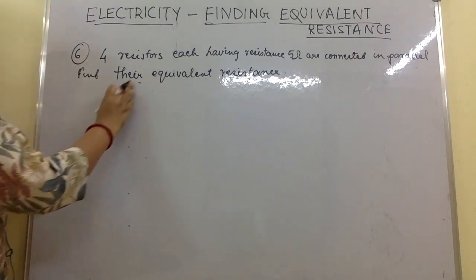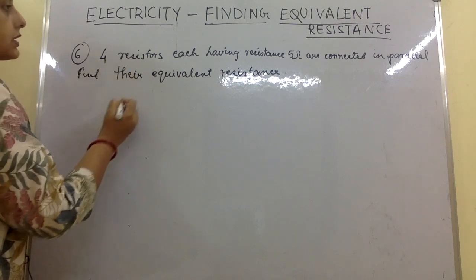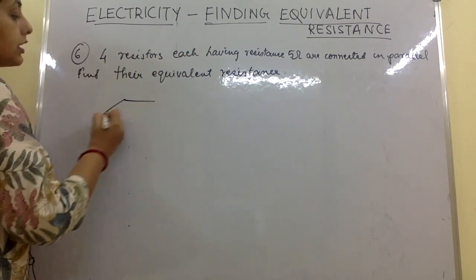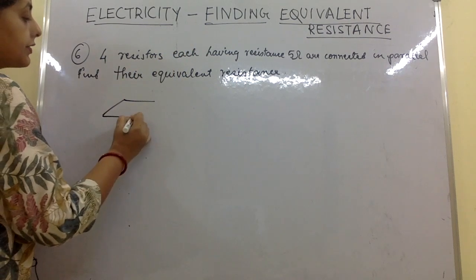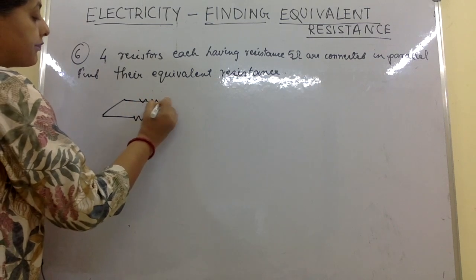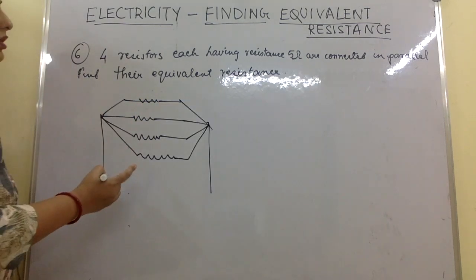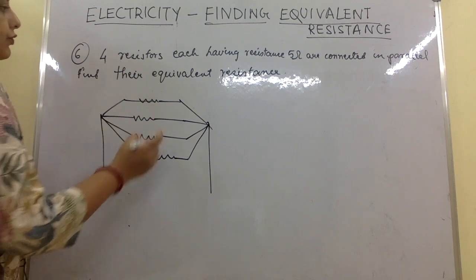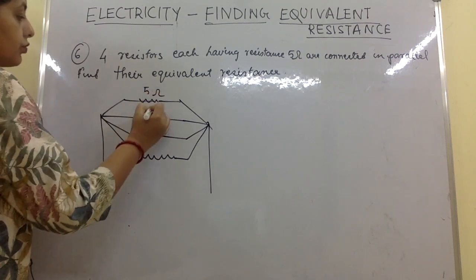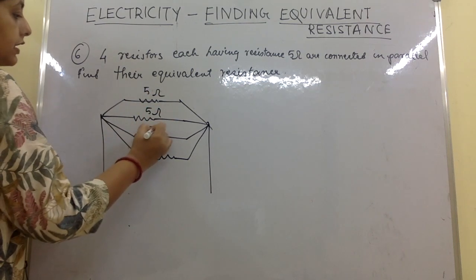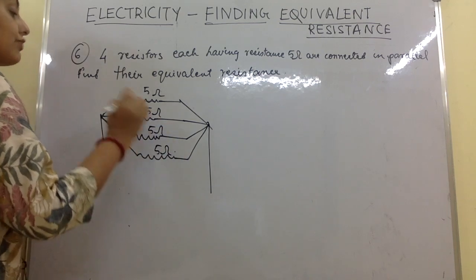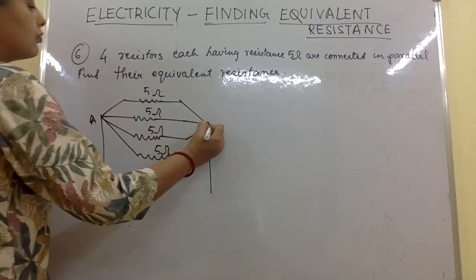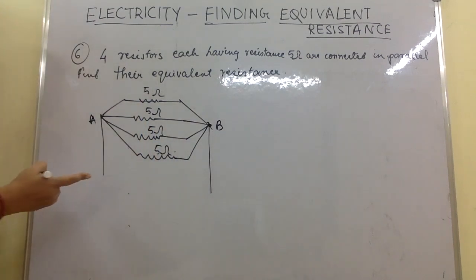Now let us take up another question. The diagram for this is somewhat like this: 4 resistors and each one has 5 ohms. So 5 ohms, 5 ohms, 5 ohms and 5 ohms, each one having resistance 5 ohms between these two points. This is a kind of parallel connection.